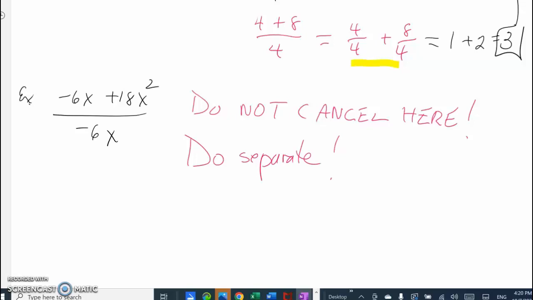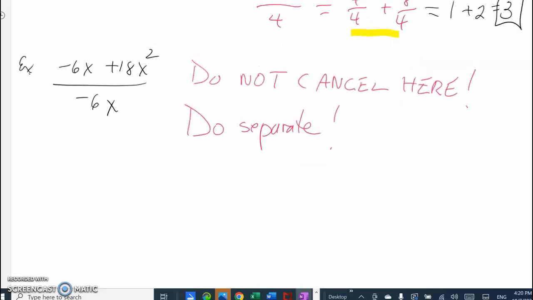So if I separate, I will get negative 6x over negative 6x. I'm going to always put a plus in between my fractions because it's very convenient, 18x squared over negative 6x. Okay. Now we can start reducing. Well, any term over itself is 1, so this becomes 1.